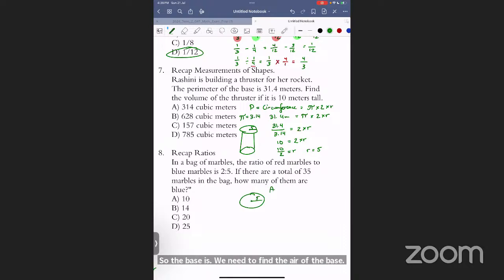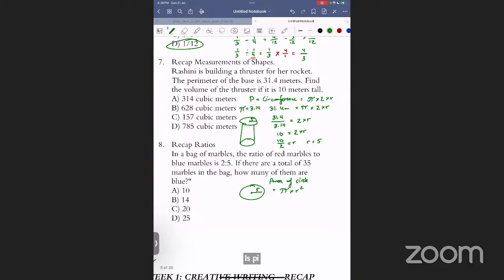Remember, area of a circle is pi multiplied by r squared. So it is 3.14 multiplied by 5 squared, which is 3.14 multiplied by 25. That is the area of the base.